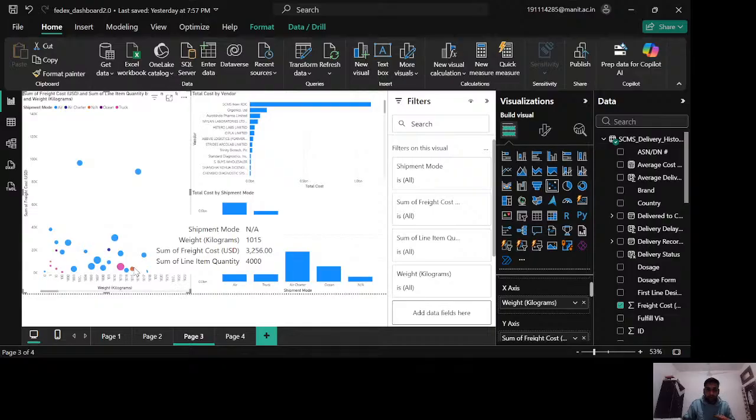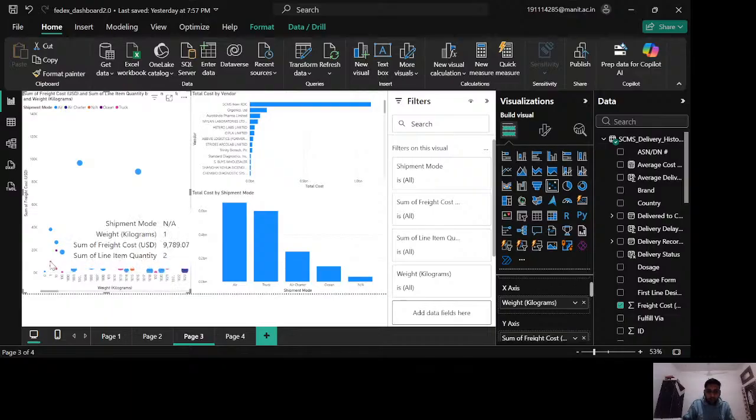For comparison of truck and the shipment mode not allowed, we have similar weight in kilograms, that is 1 kg, and we have a higher freight cost for the not allowed option, that is nearly 9,800 rupees, while for truck it is 6,013 rupees only, and the sum of line item quantity is 46, while for the not allowed option it is 2.